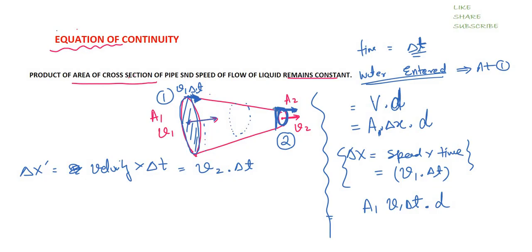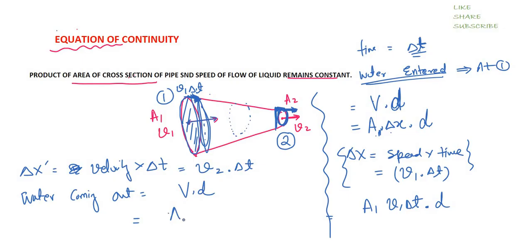I can consider this like a mini cylinder here, correct? Just like I considered a mini cylinder here and the volume was the area into distance. Similarly here the water coming out will be volume into density.